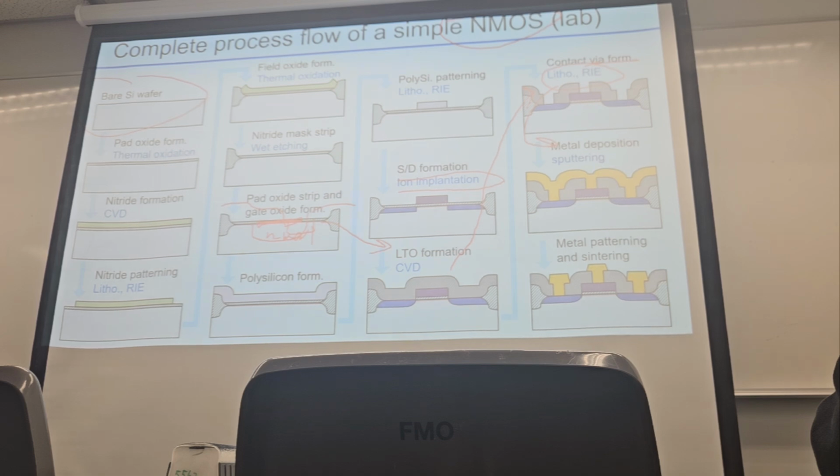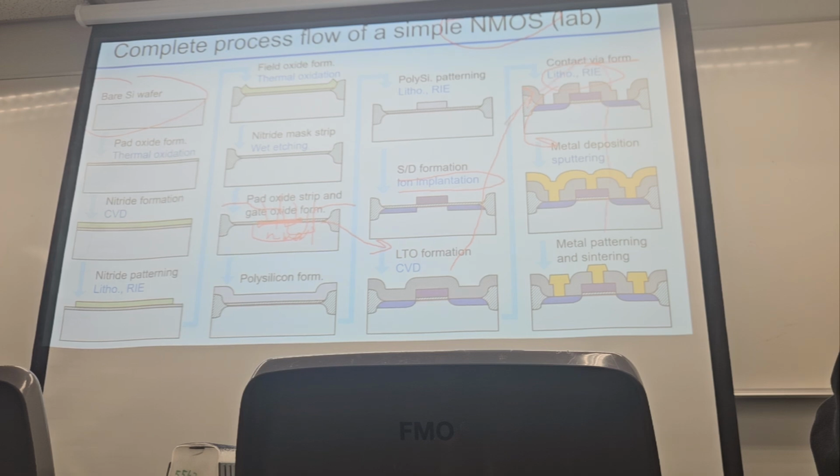After removing the silicon dioxide mask, then we're going to deposit the LTO, right? The oxide layer to provide the isolation between the contacts and also the top layers. And then we open the layers using RIE and lithography to get the connection to the N-well and N-plus.